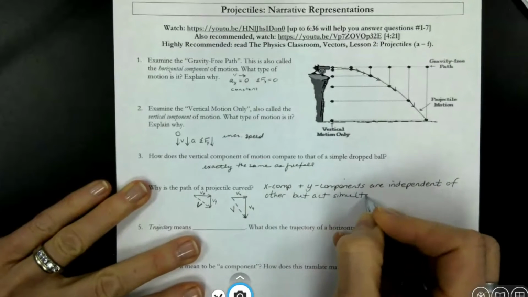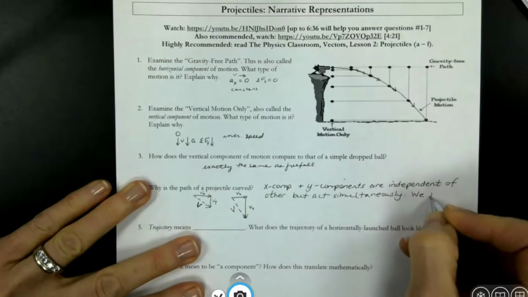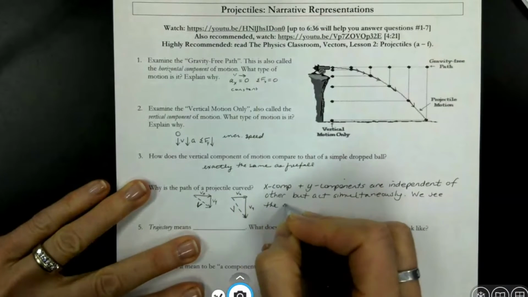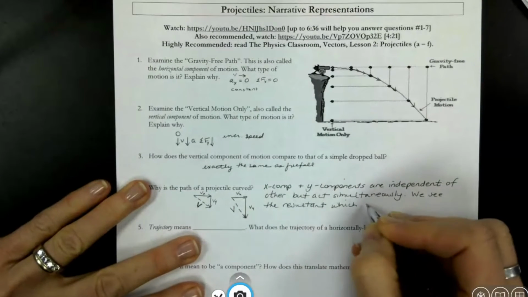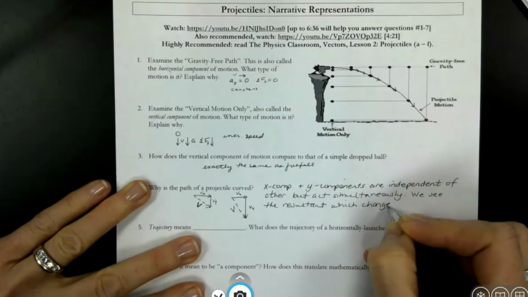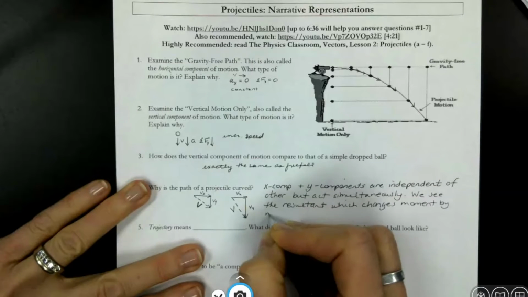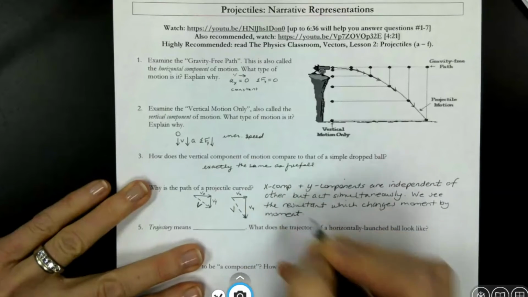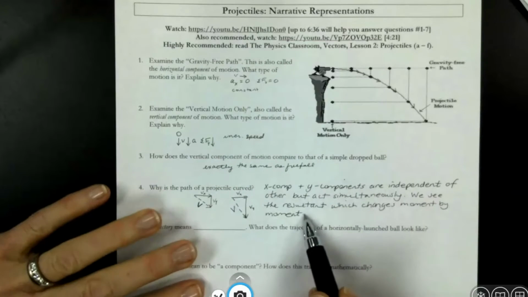And what we see is the resultant, which changes moment by moment. And that's one thing that makes projectile motion counterintuitive in so many ways, because we can't see the x component, we can't see the y component. All we see is this resultant.